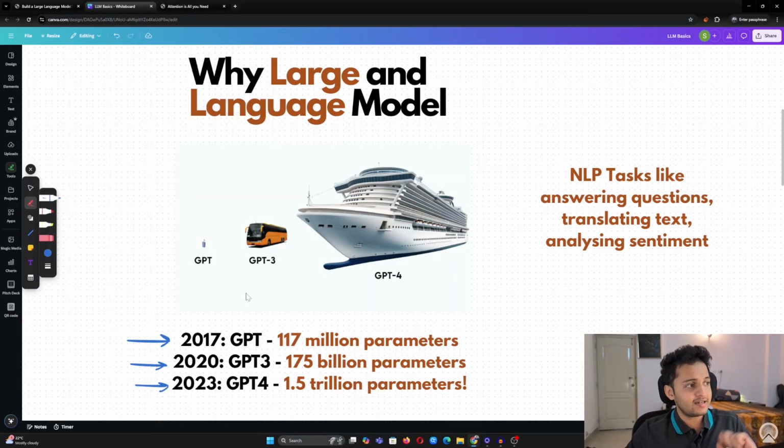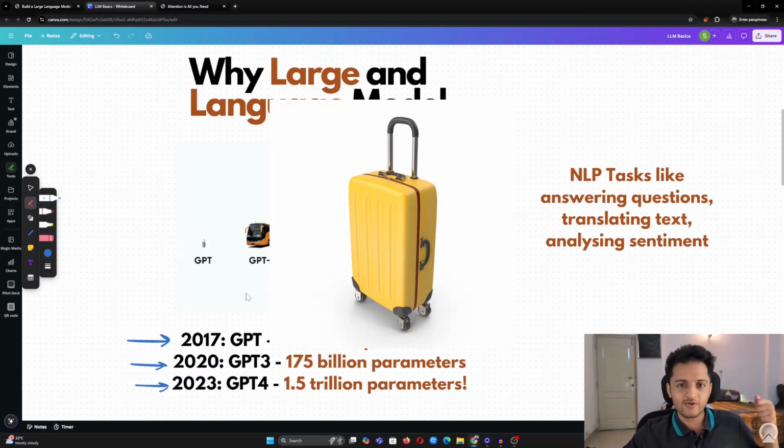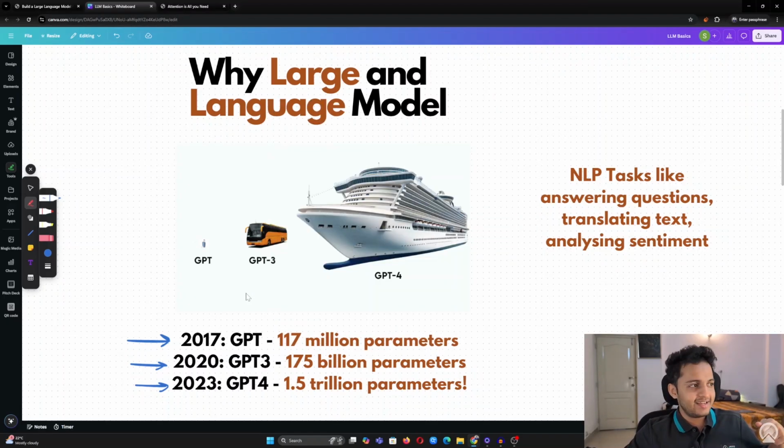So I have created a very good visual here for you to understand. You can think of the first model like a small suitcase. Whenever you go traveling, you pack your bags, right? It's like a small suitcase.